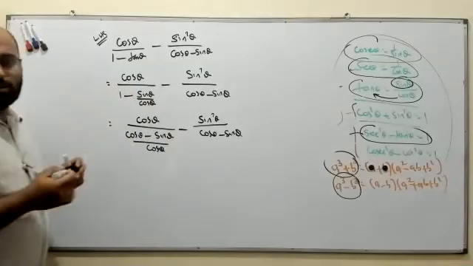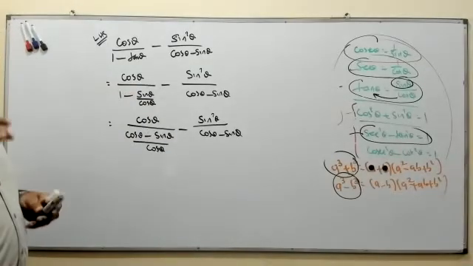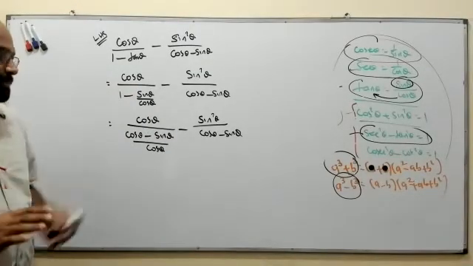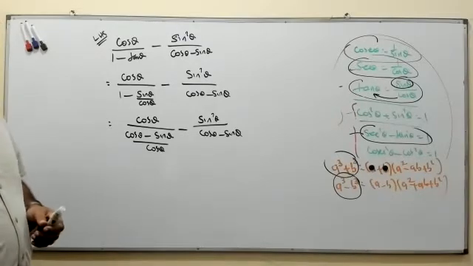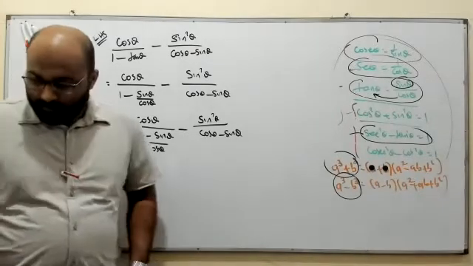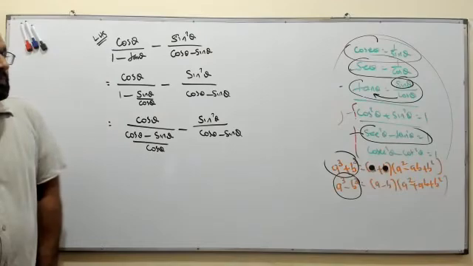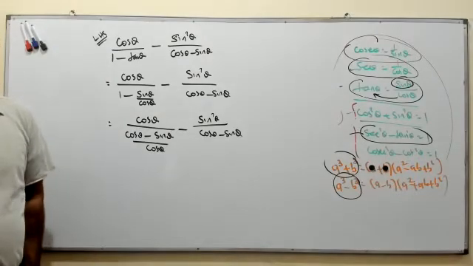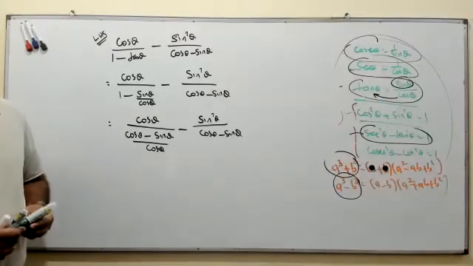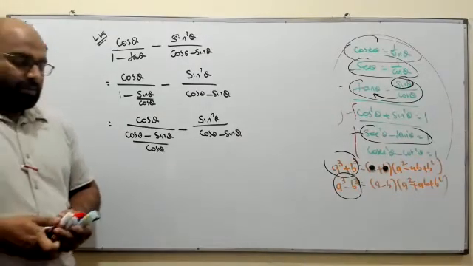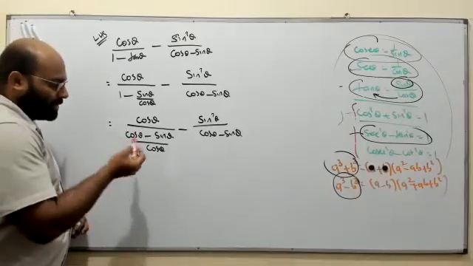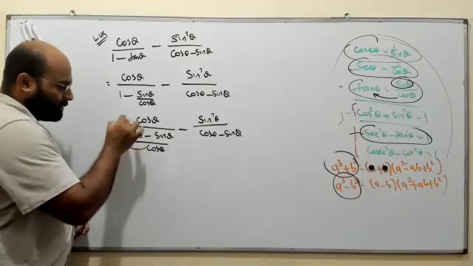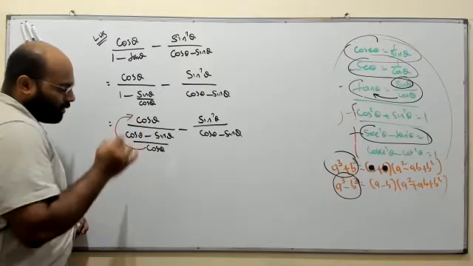Now watch what I'm doing next. Listen carefully, don't write anything. If you are keeping the arrow mark for what I'm doing, it will be better for you. This is moved up.